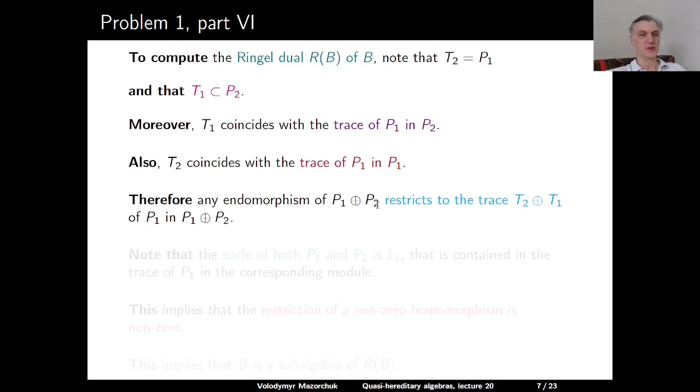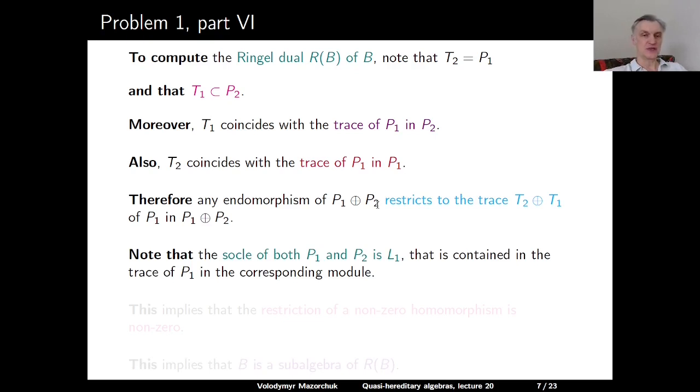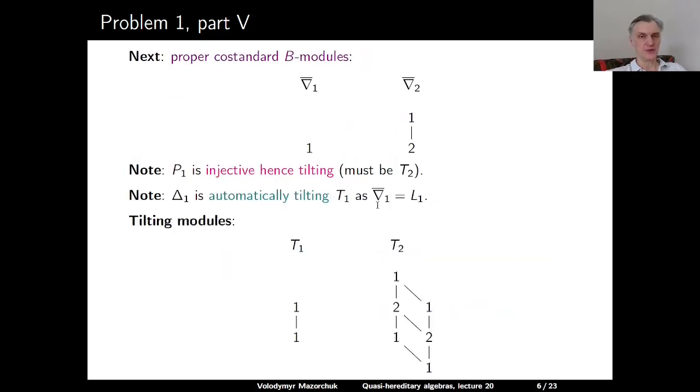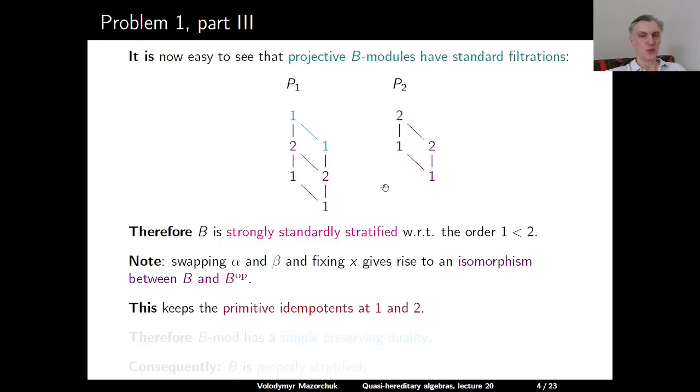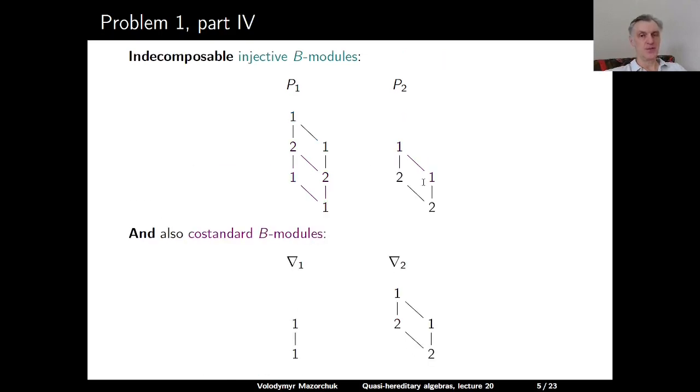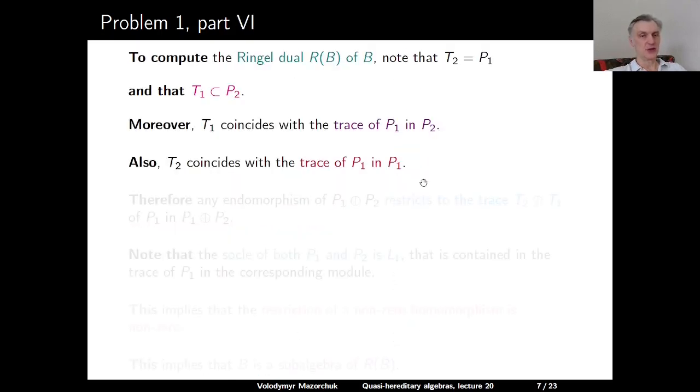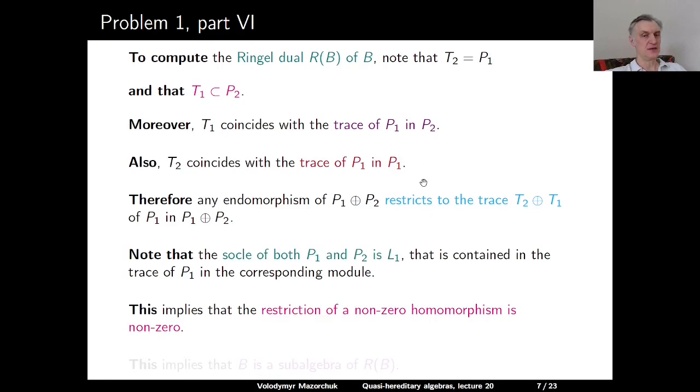And so an endomorphism of P1 plus P2 restricts to the trace of P1 in this module, and this trace is T2 plus T1. Also, let us note that the socle of both P1 and P2 is L1. So if you look at our pictures of projective modules, both of them have 1 in the socle, and that's it. Which means that the socle belongs to our trace, and this implies that our restriction maps non-zero homomorphisms to non-zero homomorphisms.